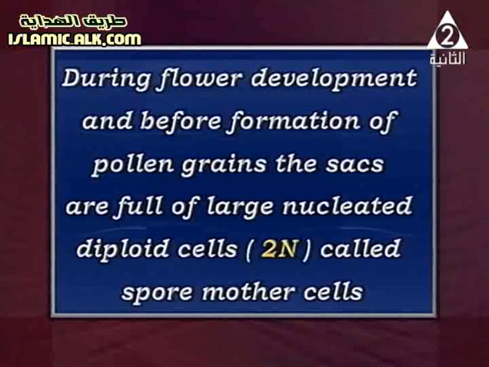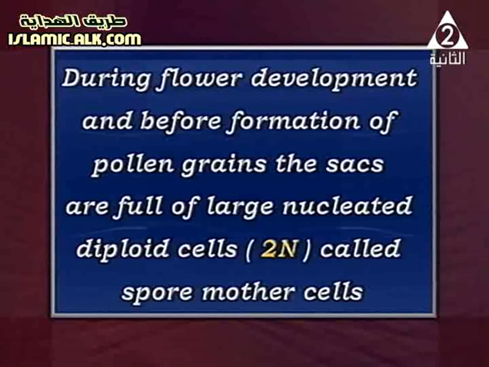Each one of them is diploid, meaning they carry the full number of genetic material. Each one of them is called a spore mother cell. Remember they are called spore mother cells, because we're going to change this name. So we have 4 chambers, each containing a large number of cells.